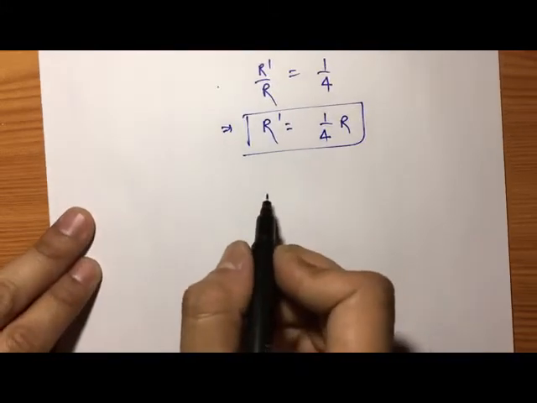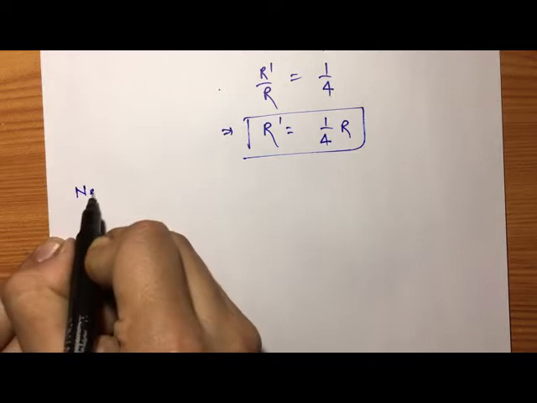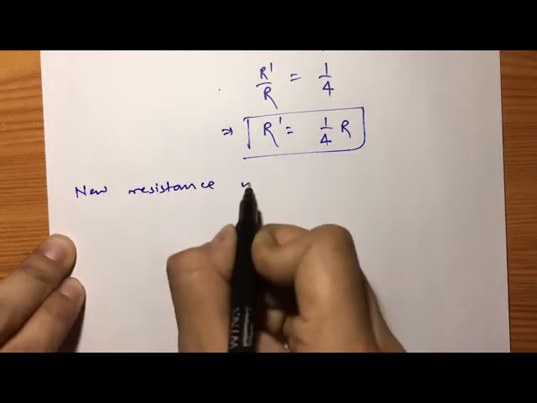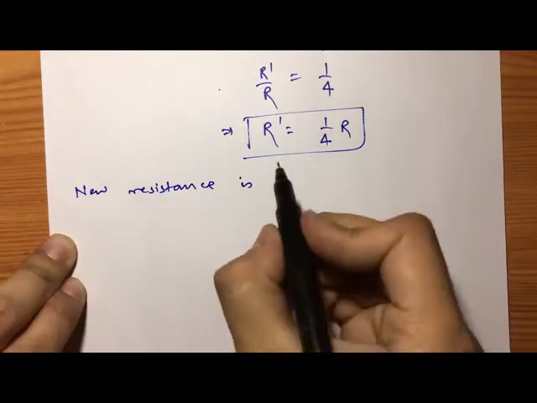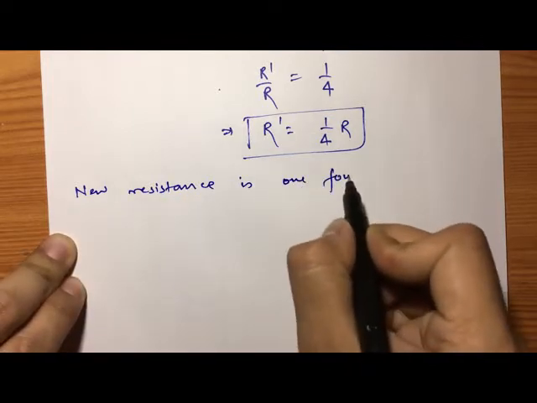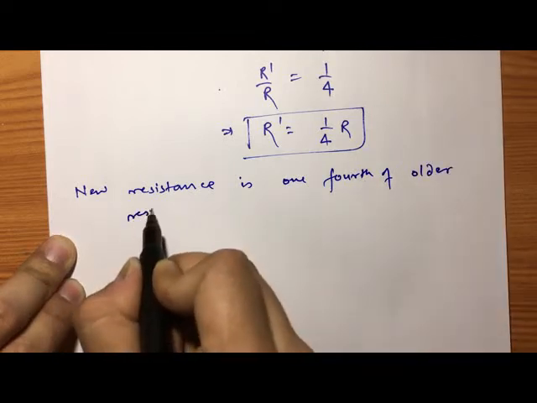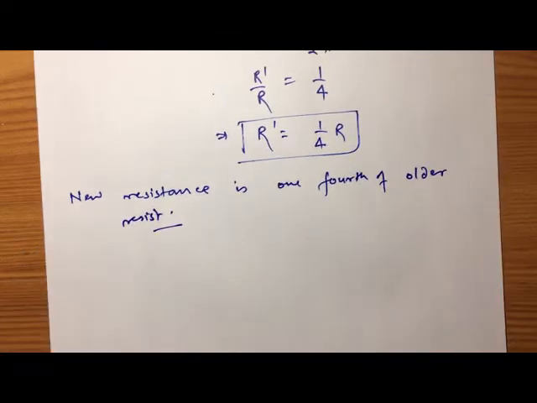So what I have concluded that new resistance is 1/4 of older resistance.